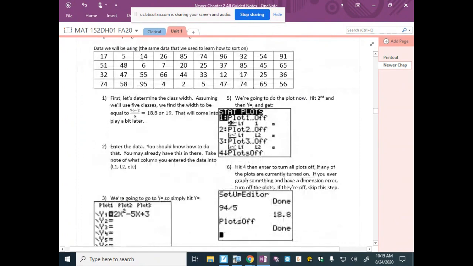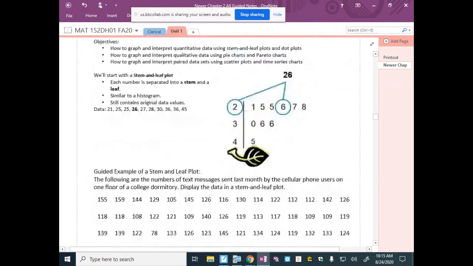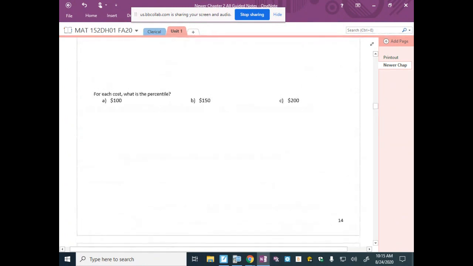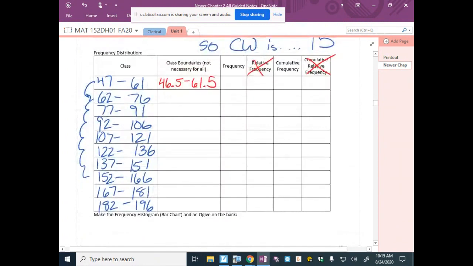Because this will be our last histogram that we make. If you're like me, one thing I love to do is make my histogram on the calculator and get my frequencies that way, or I can count.